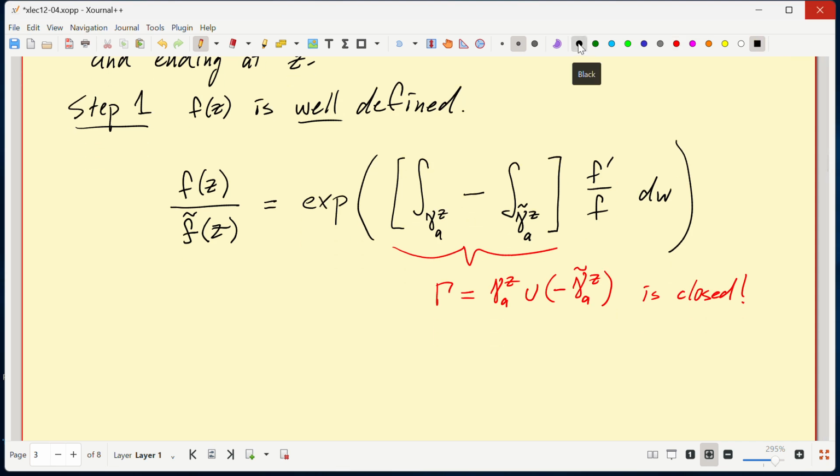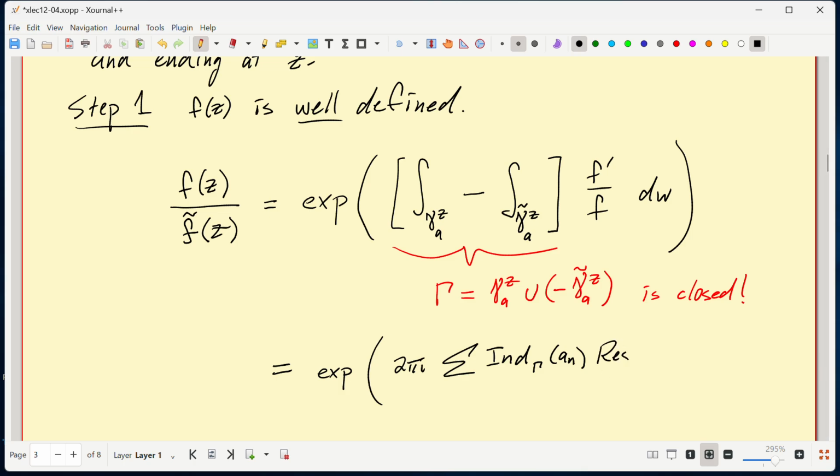And now for the first time I can use my general residue theorem. So that's a closed curve, and by the general residue theorem on the complex plane that's equal to the exponential of 2 pi i times the sum of the index of gamma, the good news is that's an integer, and then the residue at an of my meromorphic function.